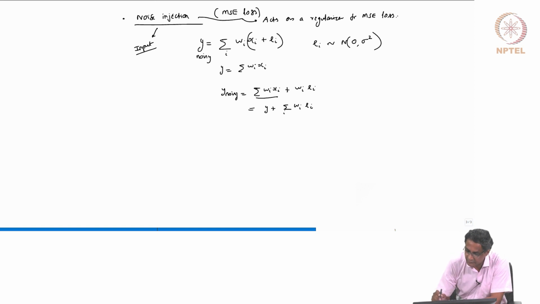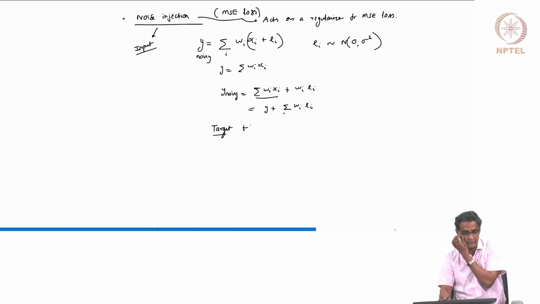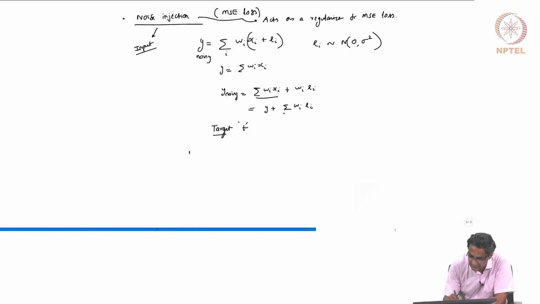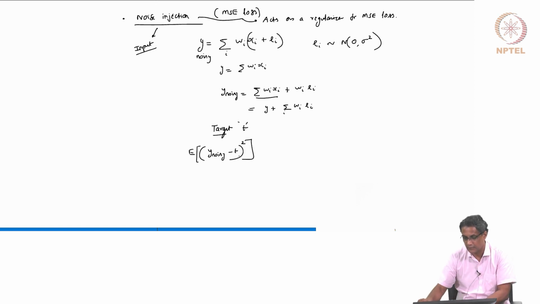Now if my final target value is t, that's what I actually want, then you can look at the expectation of y noisy minus t, the whole square. Instead of y minus t the whole square, now what you have is really y noisy minus t the whole square.